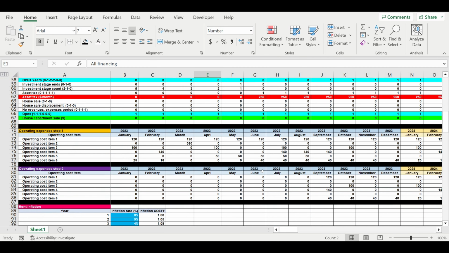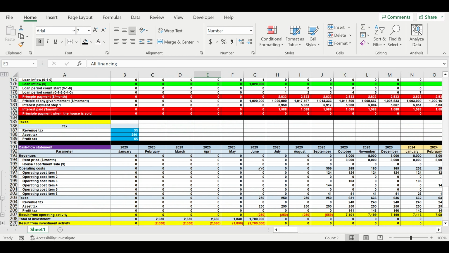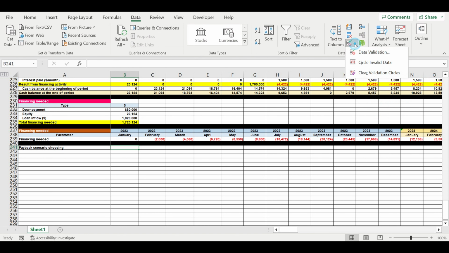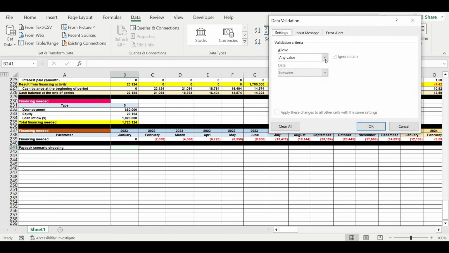and I will go to our model, payback scenario, choosing payback period scenario. Here I will be using the data validation list.